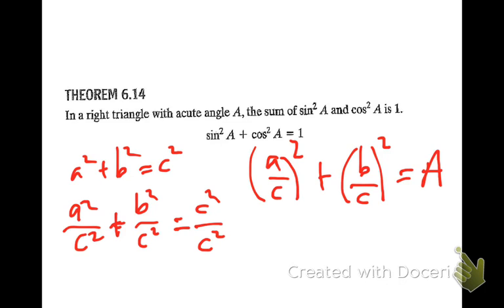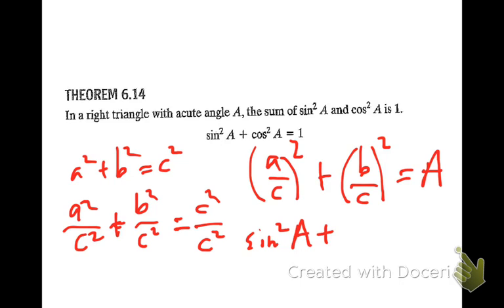Okay? So in terms of A, what does the ratio A over C equal? Shatise? Sine. Yes. A over C in that triangle is sine. So we'd say sine squared of A plus, in terms of A, what does B over C equal? Nina?